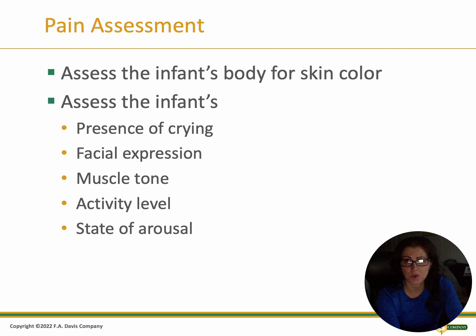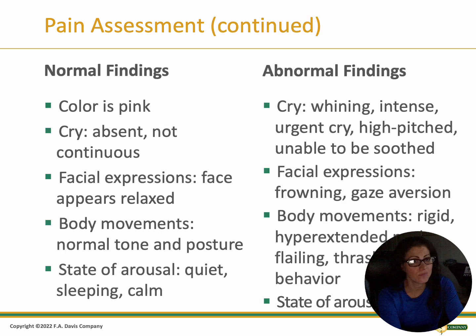Their facial expressions are tight. They're frowning. When they're in pain, their muscle tone is rigid. Their activity level is aroused. They're hyper irritable, and they're hyper aroused. When they are not in pain, they're usually not crying. They're relaxed. They have normal tone, normal posture, and they're quiet.